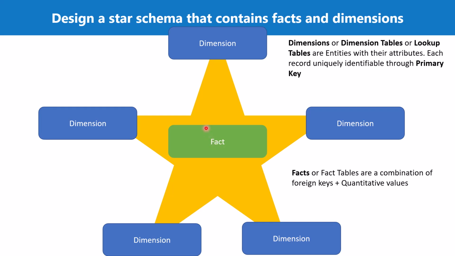So whatever raw data we bring in Power Query Editor, we have to convert that data into dimensions and facts, and we have to follow certain conventions while designing dimensions and building facts. And once these are built, then these have to be loaded into the Power BI environment.